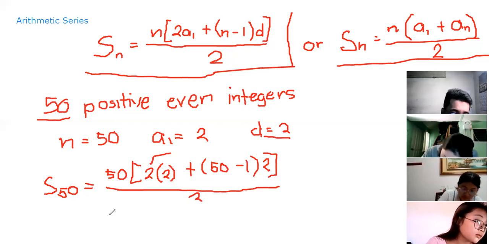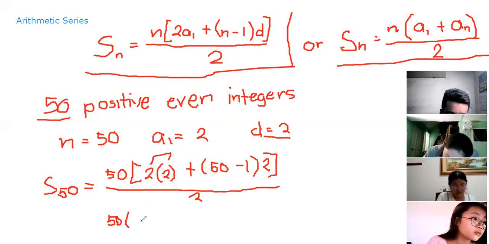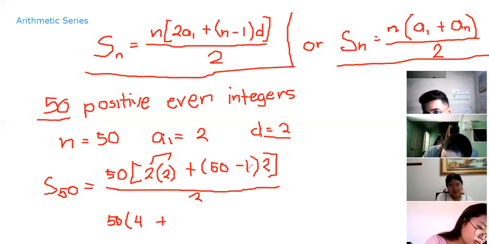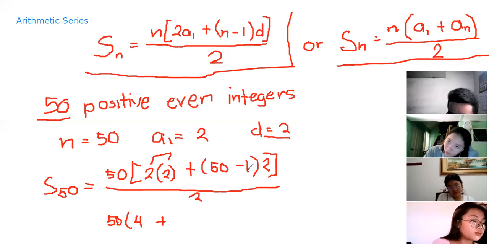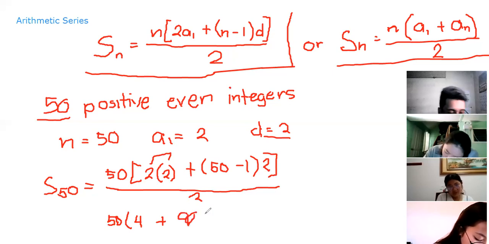We have 2 times 2, that is 4. Plus 50 minus 1, that is 49, times 2, that is 98, over 2.